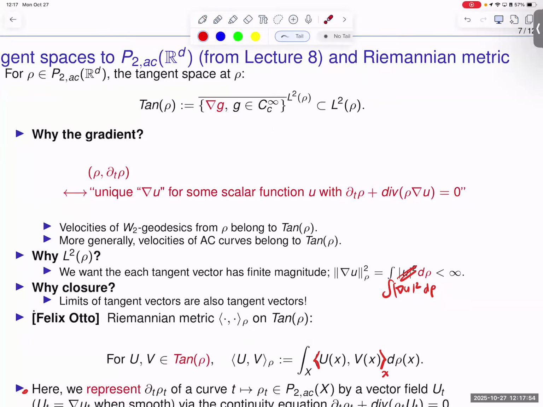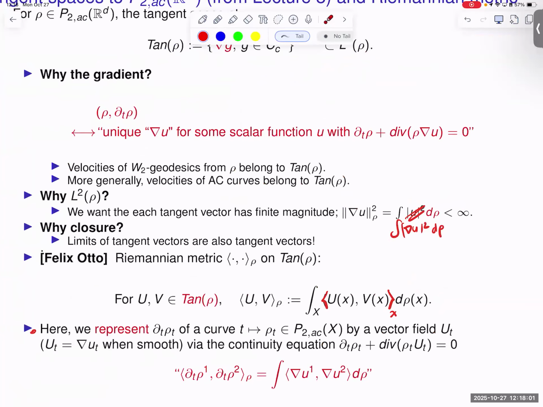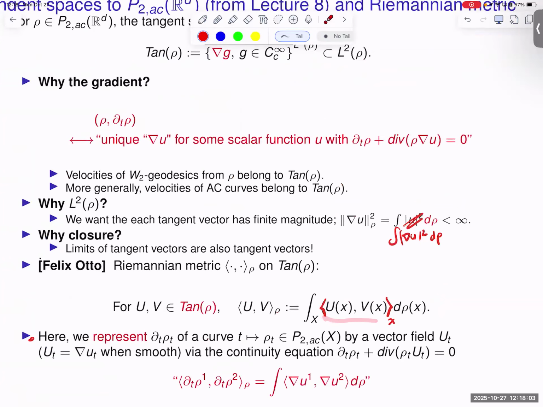But of course, in the Euclidean case, this is just any point. And back to your comment: right, this is an abuse of notation. Given each tangent vector, we represent it as the gradient of some function.